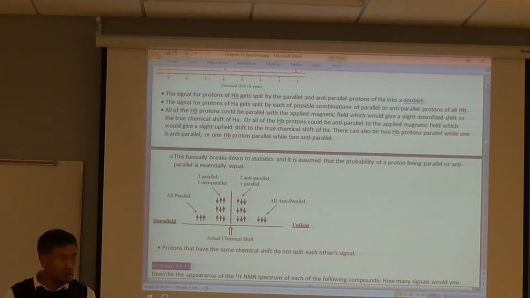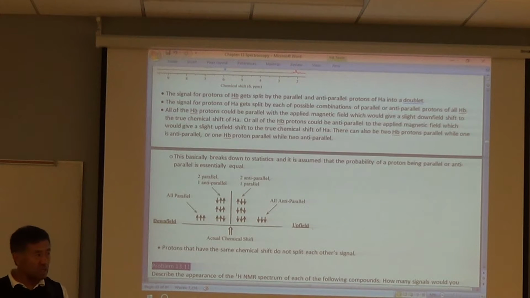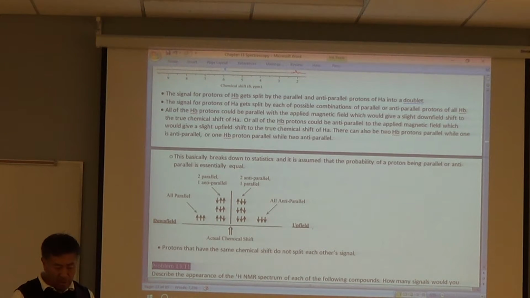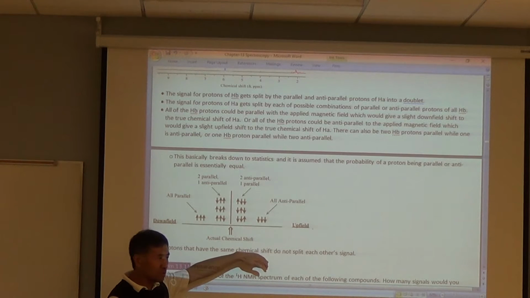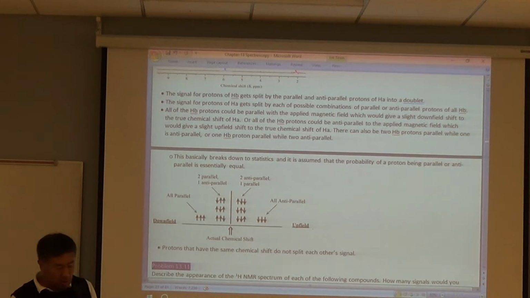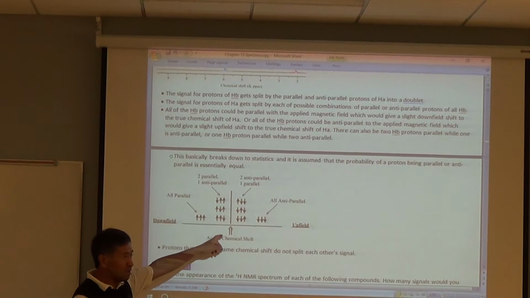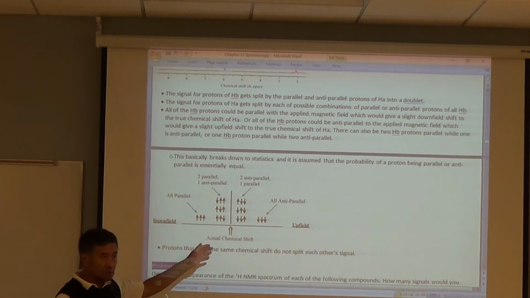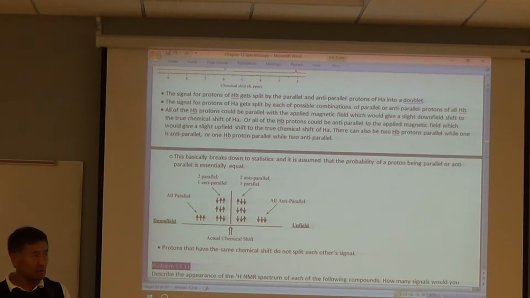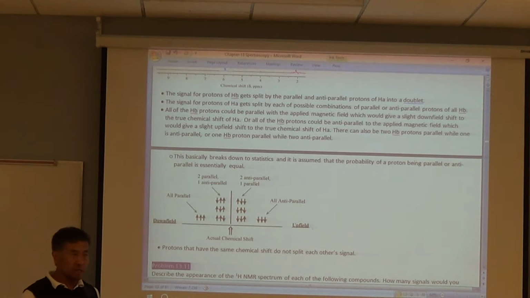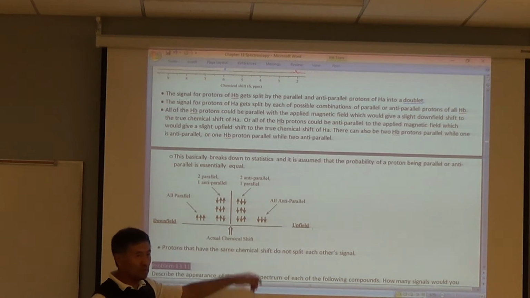You have 3 equivalent H nearby, and those 3 H can be all parallel with B0 or anti-parallel with B0, or 2 parallel and 1 anti-parallel, or 2 anti-parallel and 1 parallel. So you have those possibilities. Therefore you will have 1, 2, 3, 4 signals.